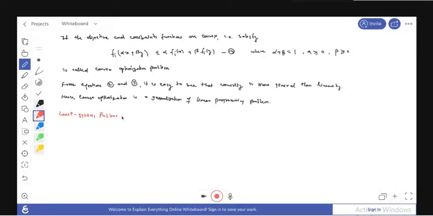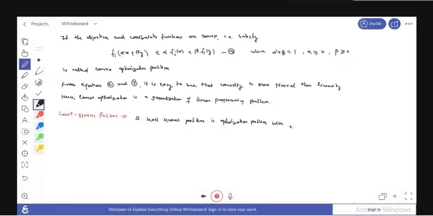A least squares problem is an optimization problem where there are no inequality constraints.